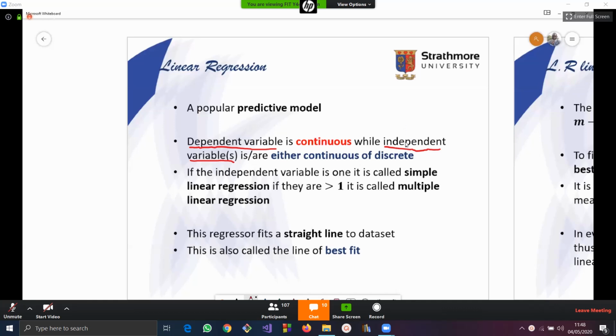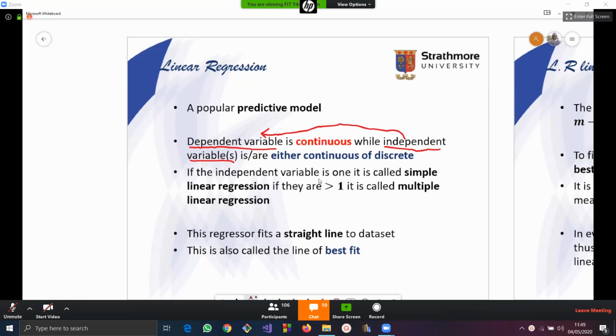Independent variables are the ones causing the changes in the dependent one. Now the independent variables can be many, but the dependent variable is always one. Okay, so if you're taking notes, that is one of the things that you might want to note down.